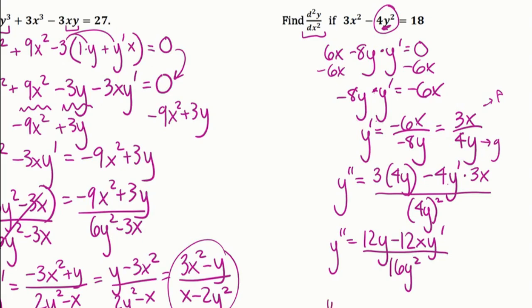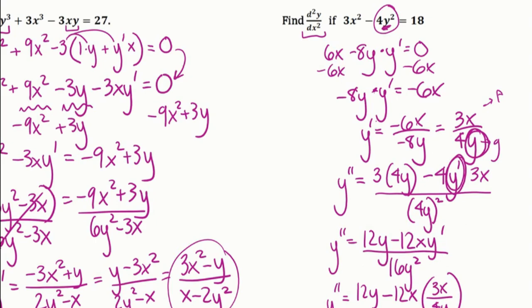So y double prime is equal to 12y minus 12x, and then y prime, again, was 3x over 4y. And that's because when we took the derivative of y, the derivative of y is y prime, and y prime is 3x over 4y. So we do have to use substitution on this.